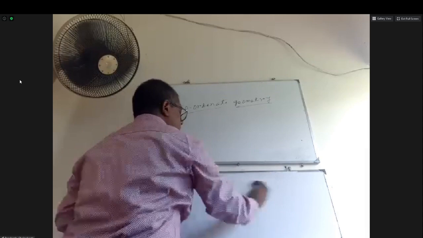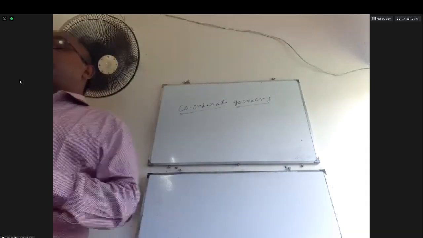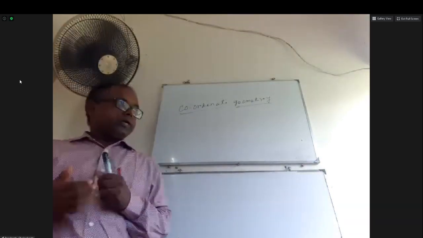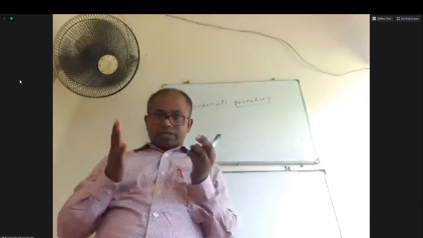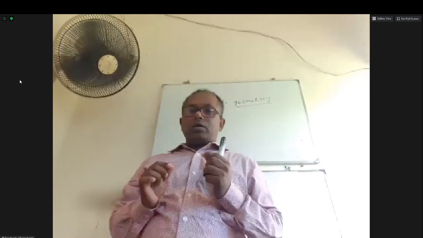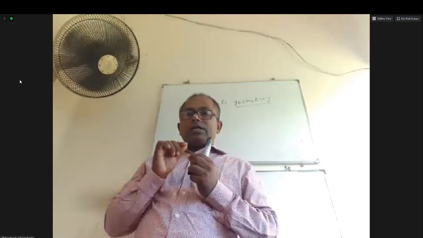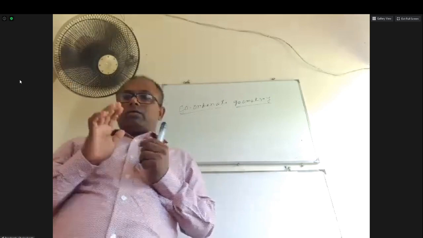Now, dear students, we know a quadrilateral is formed by 4 points.